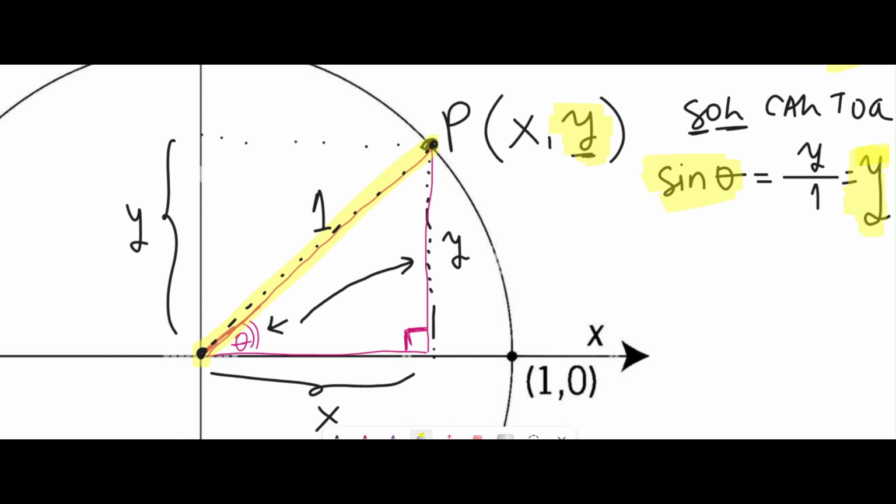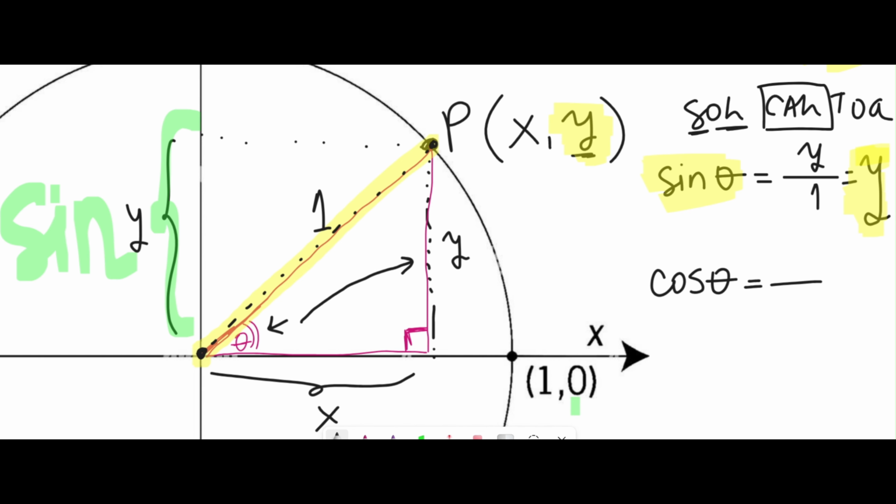So sine has to be found on the y-axis. This is where we find the sine value, either positive y or negative y. It depends, right? Okay, now let us continue. What is the cosine of our angle? Cosine, according to this formula, is adjacent over hypotenuse.